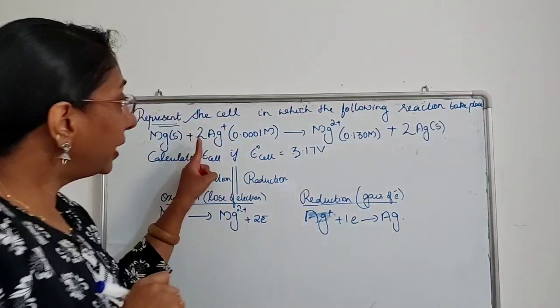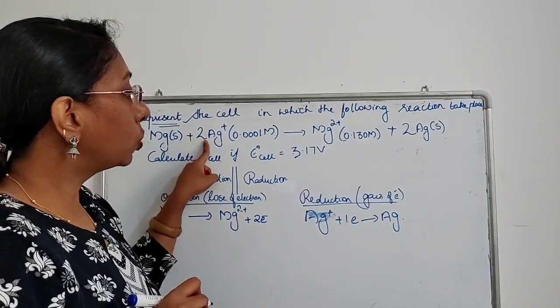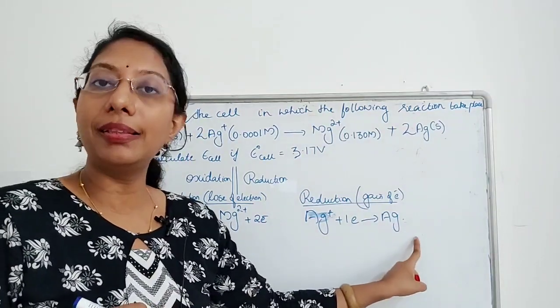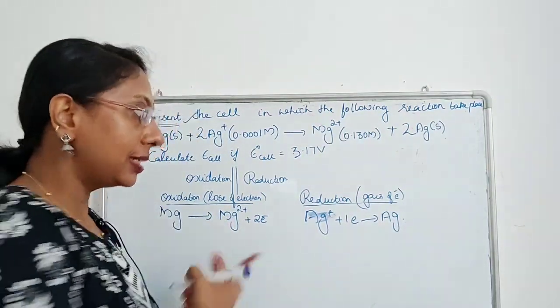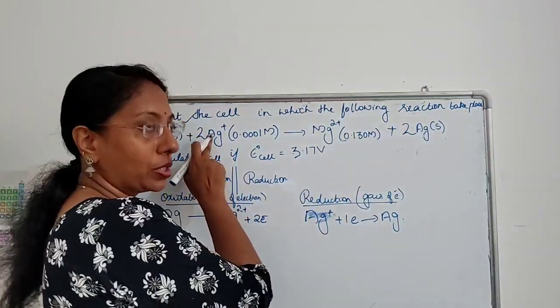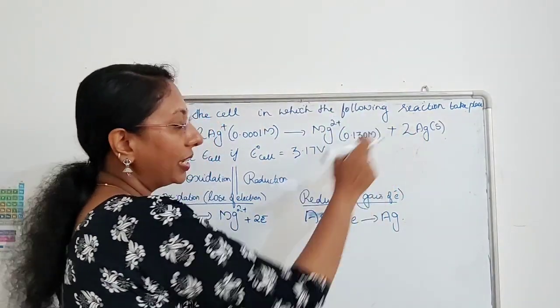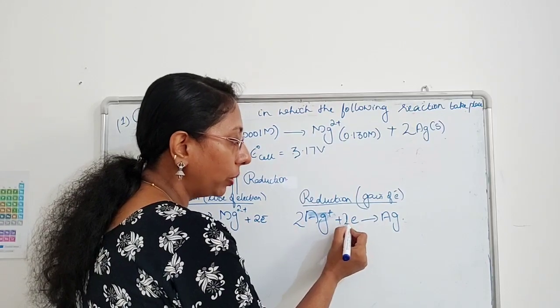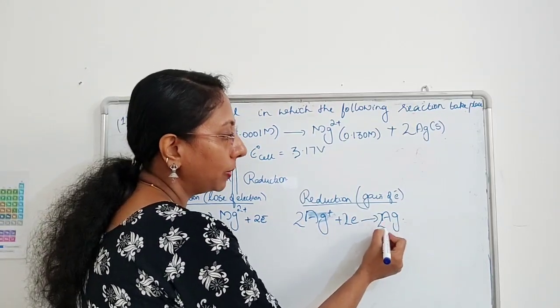But here it is given that 2Ag+ changes into 2Ag. So we have to multiply this equation by 2, and it will be 2 electrons.